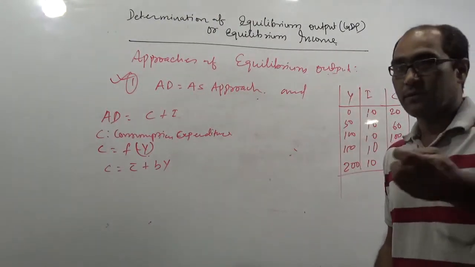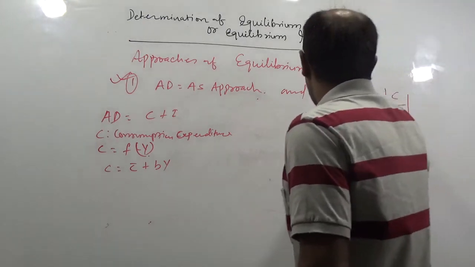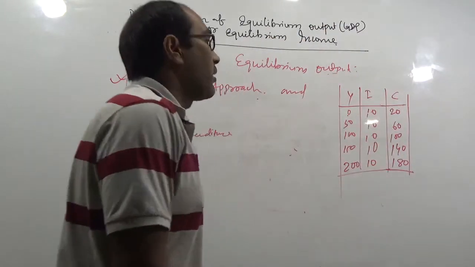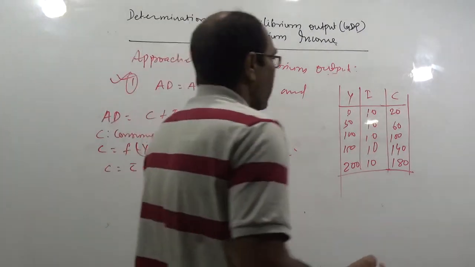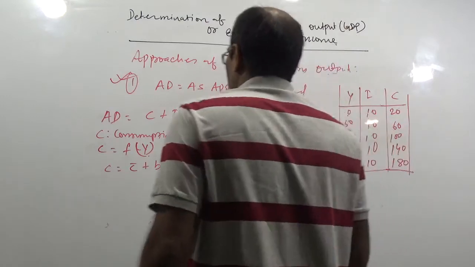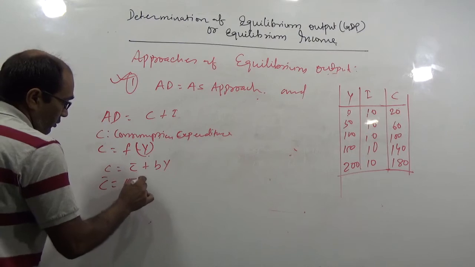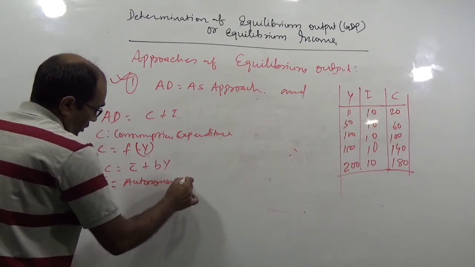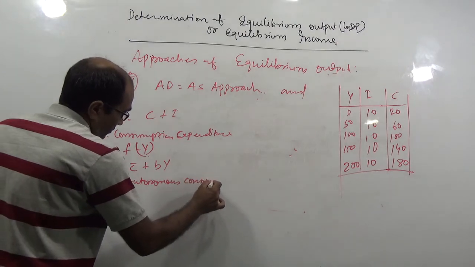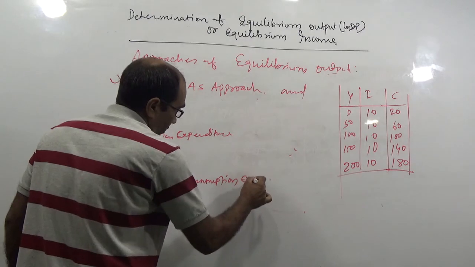See, what we observe is that at the zero level of income, our consumption expenditure is 20. So bar on C stands for autonomous consumption expenditure.